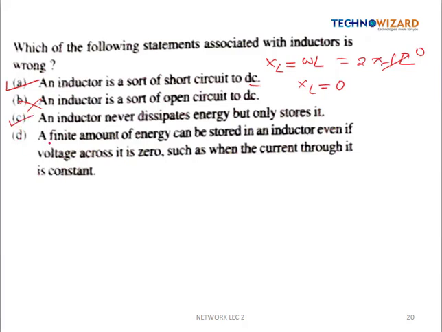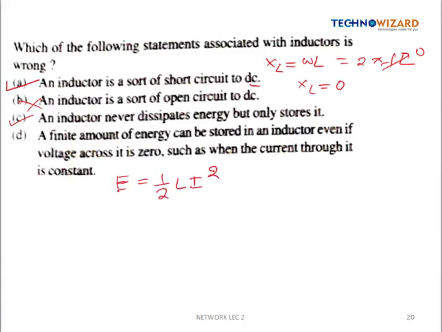And next option is, a finite amount of energy can be stored in an inductor even if the voltage across it is 0, such as when the current flowing through it is constant, right? So we know that the amount of energy stored in the inductor is given as half L I square, right?